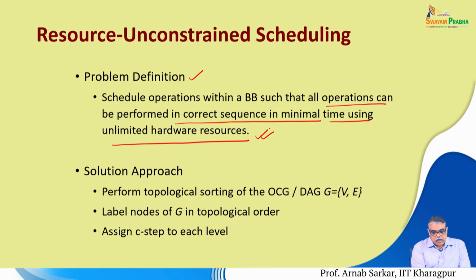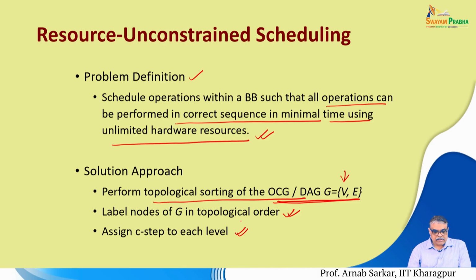You perform a topological sorting of the operations within an OCG. OCG is essentially a directed acyclic graph where the nodes are operations and edges are dependencies between operations, which is dependency on data. So, we label nodes of G in topological order and assign a C step to each level.